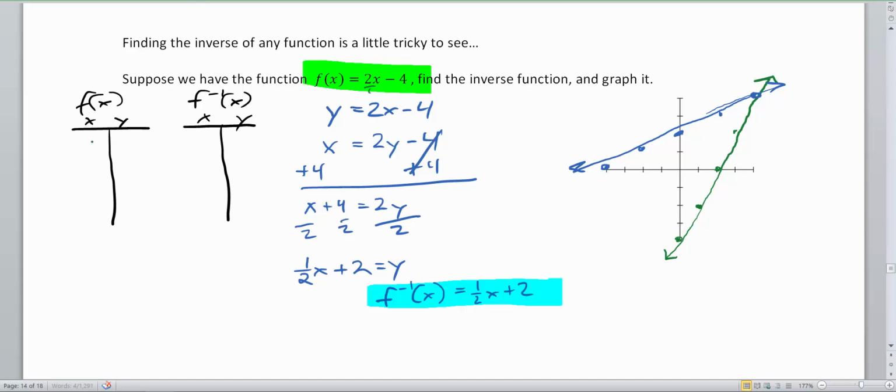So the first thing I plotted down here was 0 on my x and -4 on my y, so 0, -4. And then I went from there to 1, -2, and then there to 2, 0, and then 3, 2, and then I went 4 and 4.